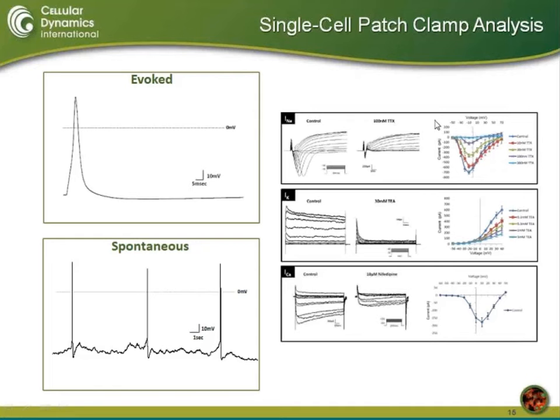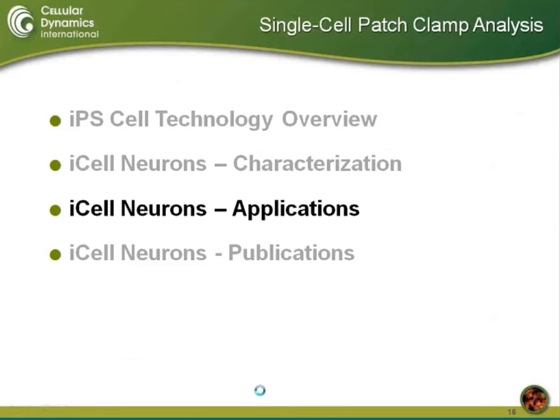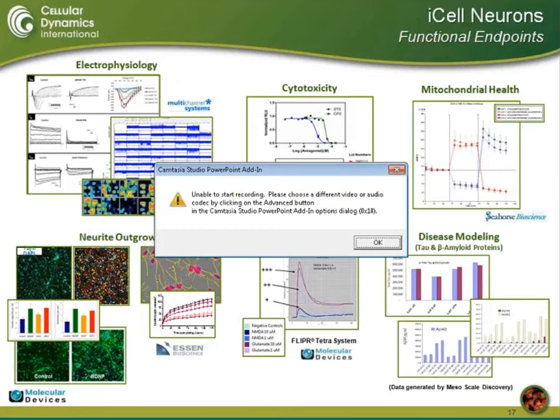Now, to move on to the purity of our cells, we have optimized the differentiation process as well as the maintenance of our cultures over time to obtain very high levels of purity in our cultures. We require all of our cells to be greater than 90%, but oftentimes they're much closer to 95 to 99% pure. And in the case of our iCell neurons, they're typically around 90% pure.